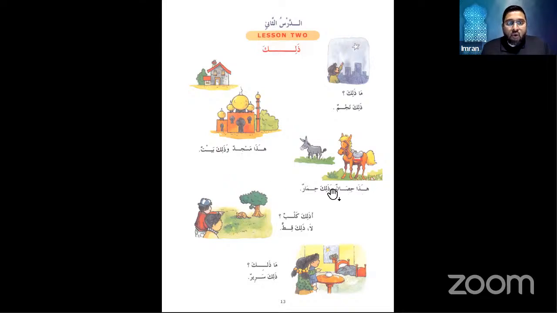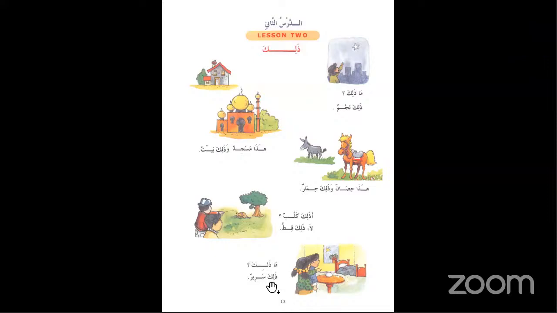Hada hisanun wa dhalika himarun. This is a horse and that is a donkey. Adhalika kalbun. Is that a dog? La dhalika qittun. No, that is a cat. Ma dhalika. What is that? Dhalika sarirun. That is a bed.